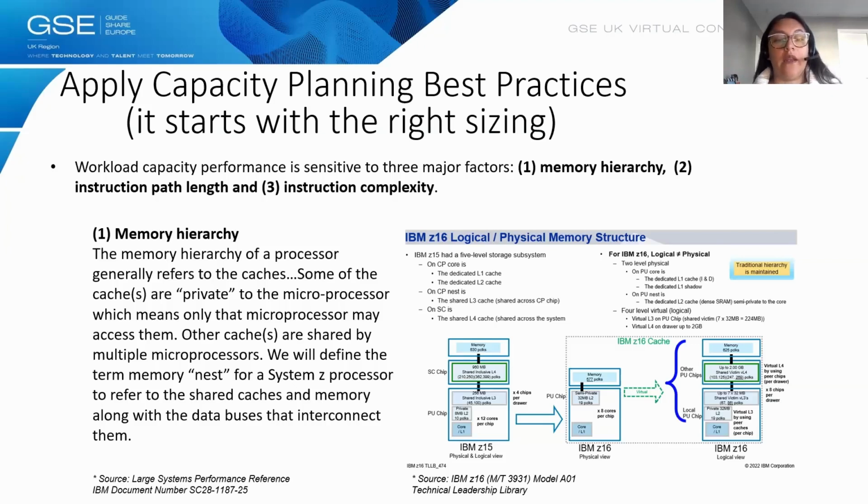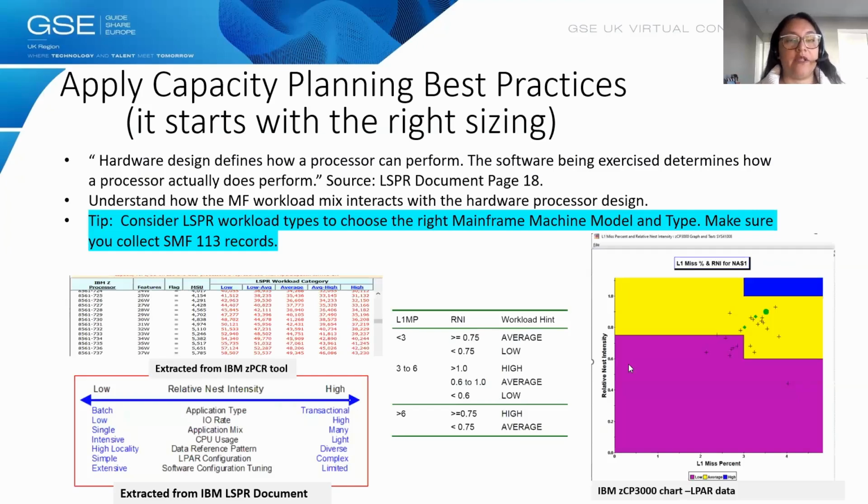On the other hand, if the data of the instructions being processed is in the L3, L4, memory or the nest, it tends to consume more CPU cycles per instruction. So let's leave this thought. Okay, so another point that we need to understand: hardware design defines how a processor can perform.